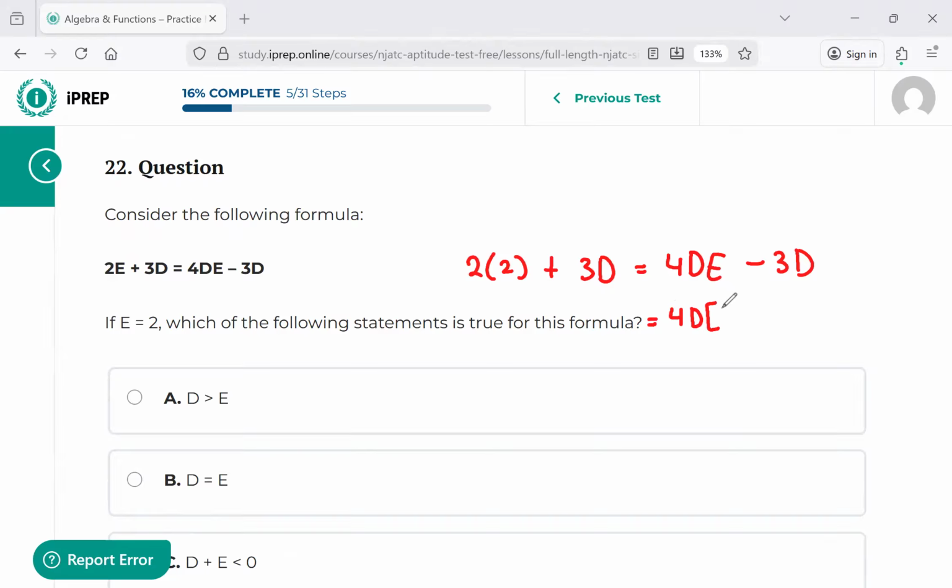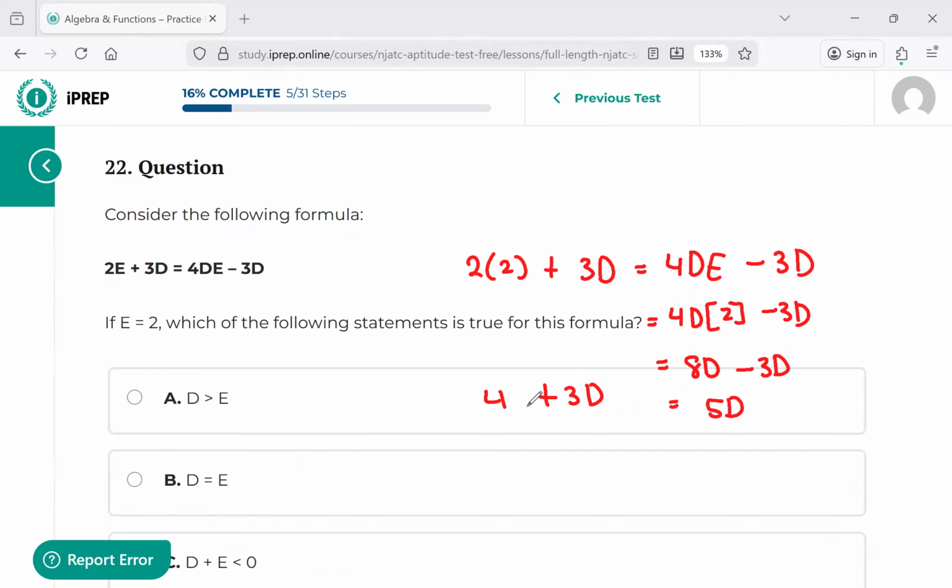And then replace e with 2 minus 3d. This is going to be 8d minus 3d. 8d minus 3d is 5d. And then on the left side, 2 times 2 is 4 plus 3d. And then go ahead and solve for d.